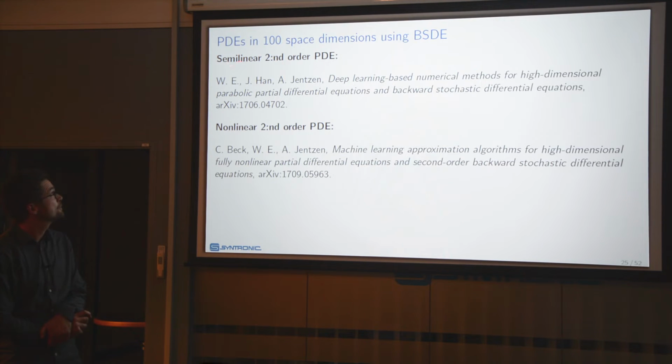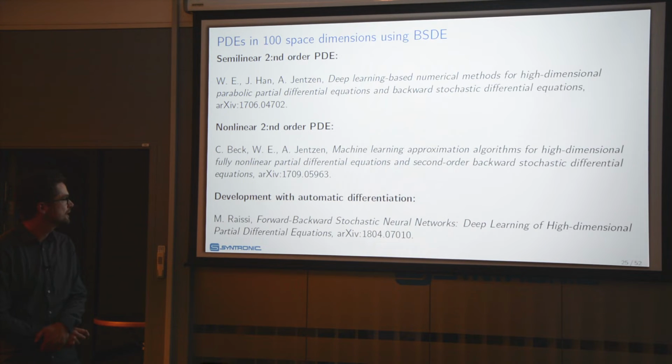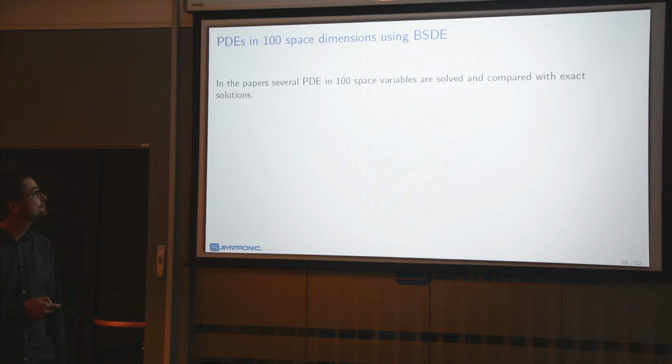So this is a paper for semi-linear equations, so nonlinear equations. And there's also a recent development for extending this with some automatic differentiation. There's no really good comparison between the results or the methods, so I cannot say if that's good or not.